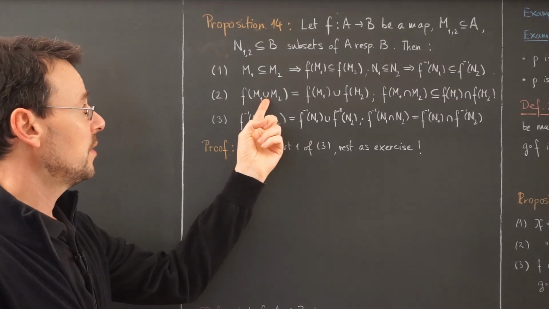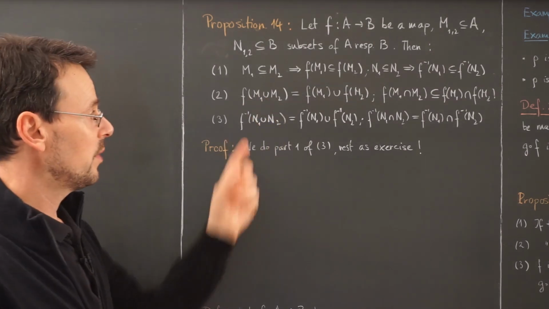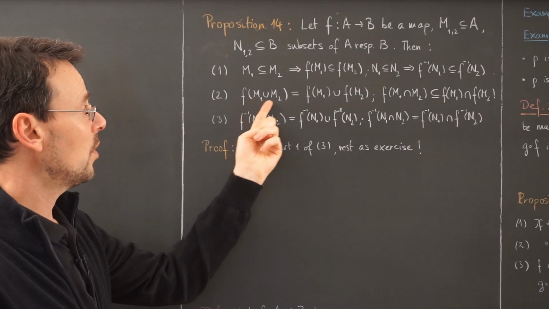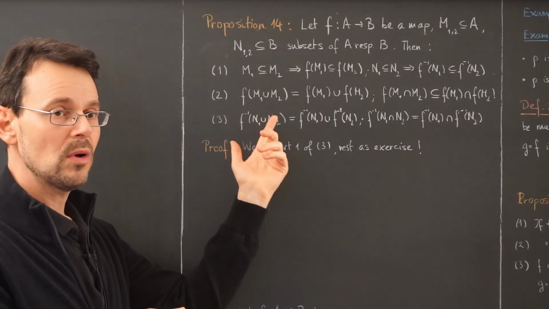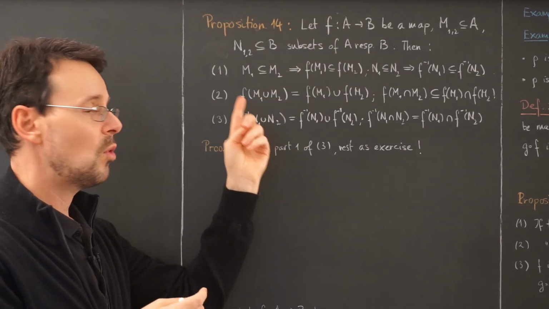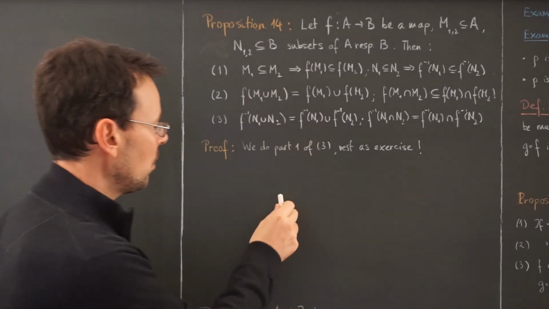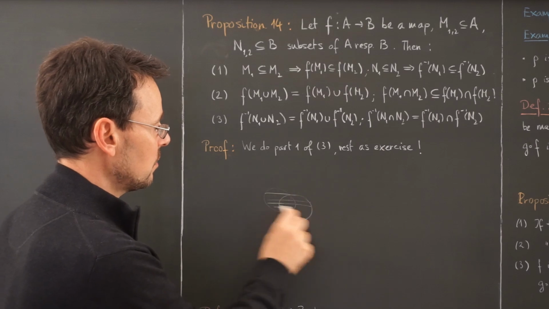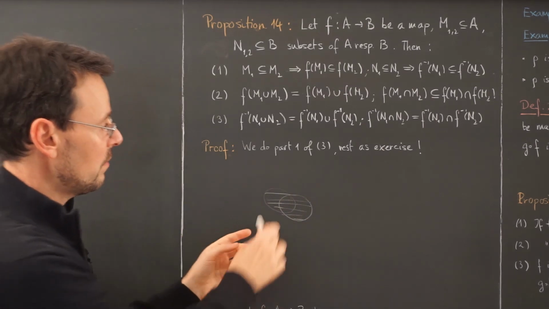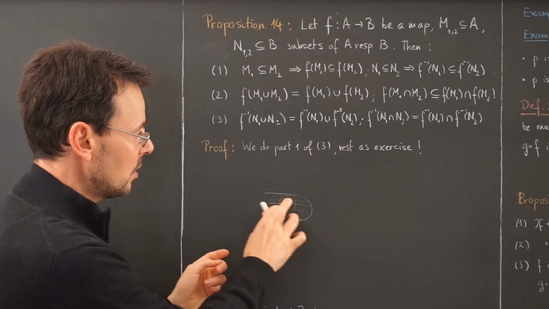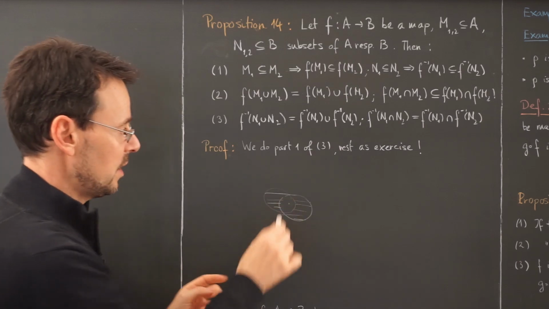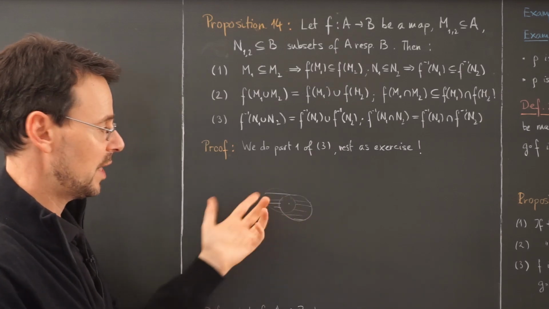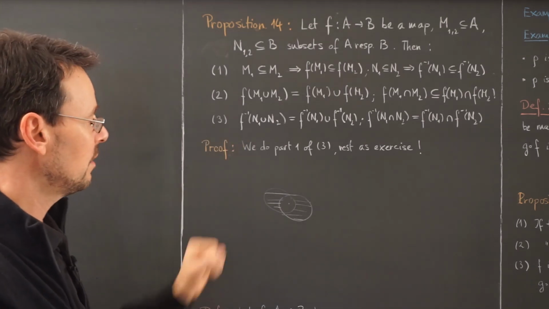Now, what about the union of sets? Remember, the union of M1 with M2 is the set of all elements that lie in M1 or M2, not either-or. That's important. It's possible that an element lies in M1 and M2, and it can still lie in the union.